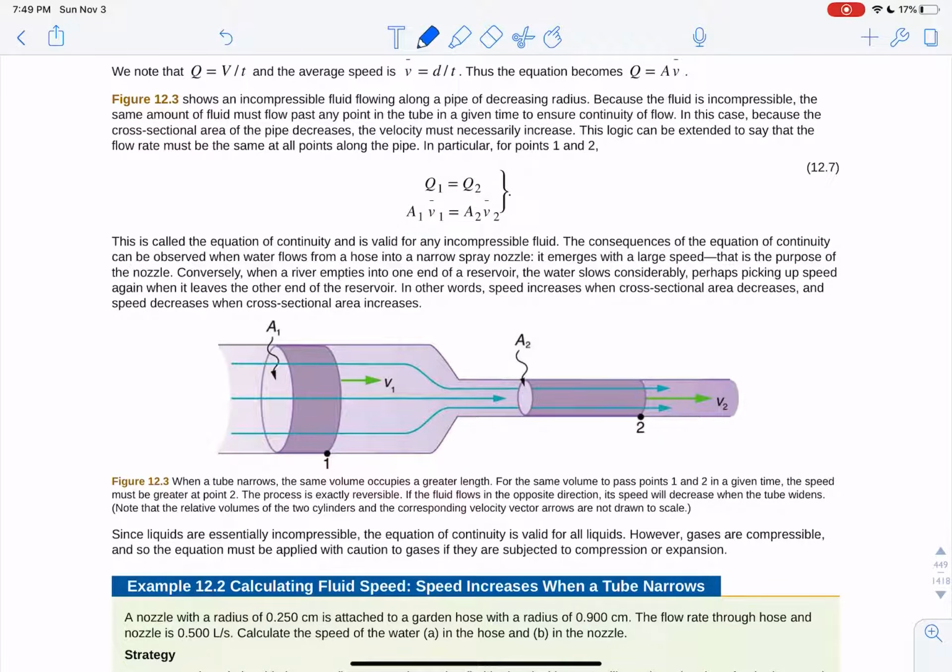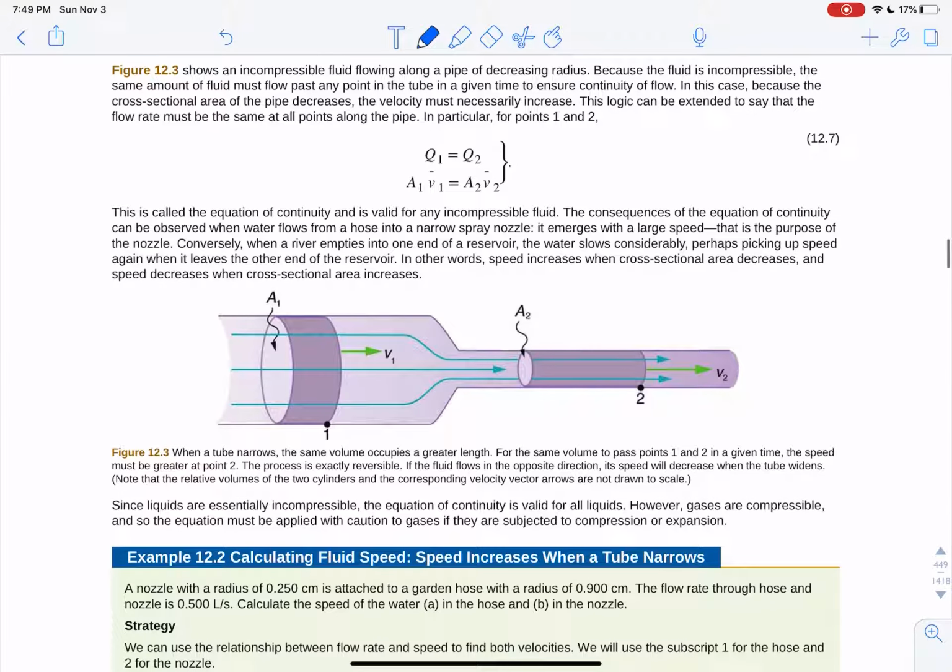So that's your common problem to solve. You've got a pipe, and let's say they give you the diameter of the pipe. You have to convert that to an area, so the area is going to be pi times the diameter divided by 2 squared, pi r squared, and the radius is half the diameter. Once you get that area, if they tell you the velocity of the water, then you can calculate the area and the velocity over here.